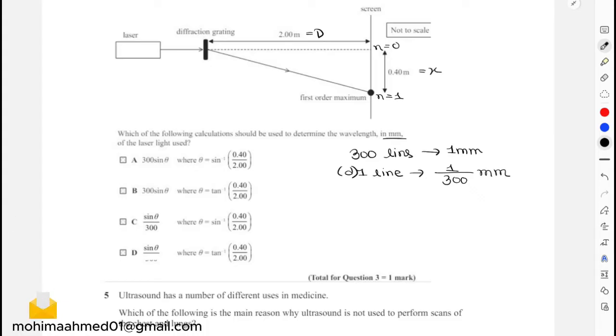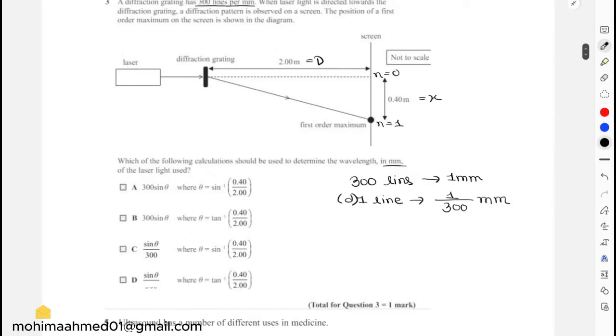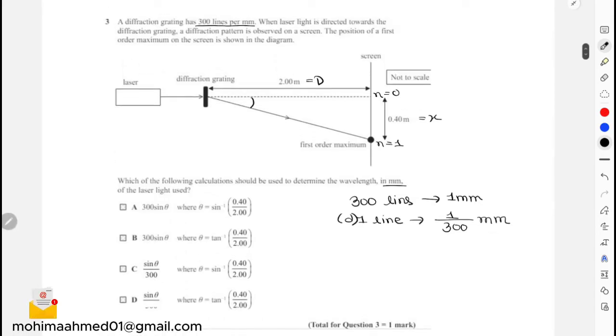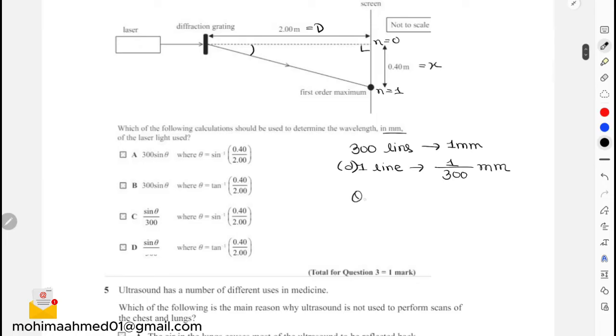We got the value for small d, and we can also find the value for theta. This time they are using 2 and 0.4. Theta is tan inverse of opposite over adjacent. This is basic trigonometry, right? On the opposite you have x, and on the adjacent you have capital D. So theta is going to be tan inverse of 0.4 over 2.00.